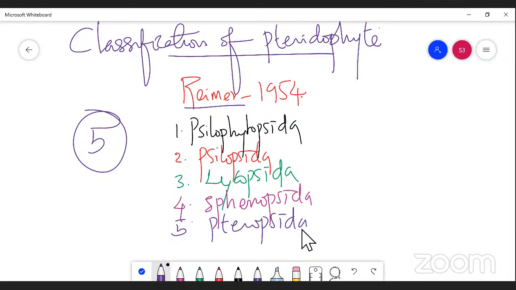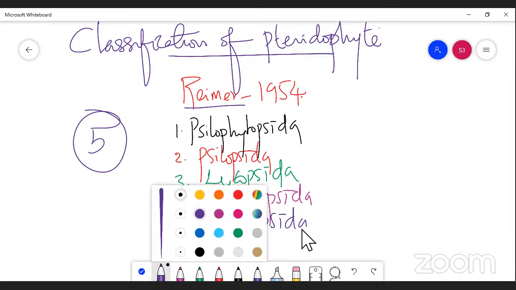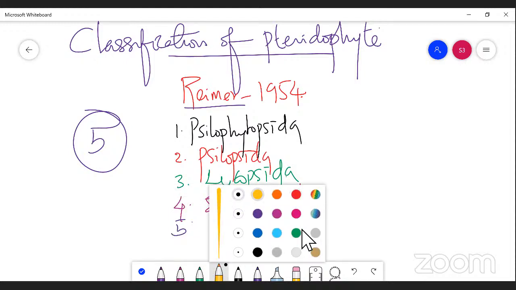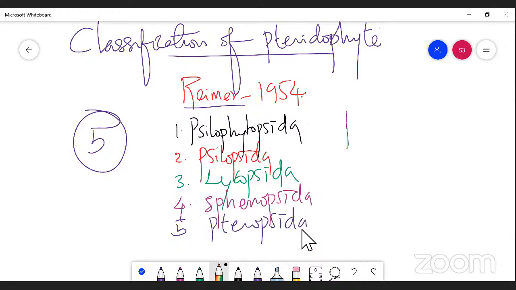And these subdivisions enclose 19 orders, my dear students. Please imagine, 19 orders and 48 families.